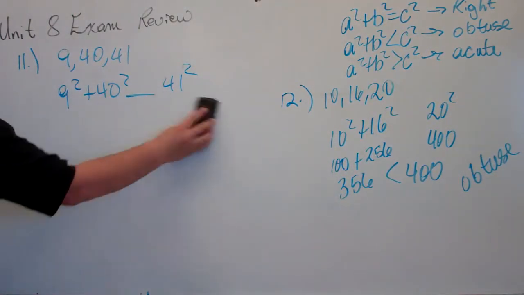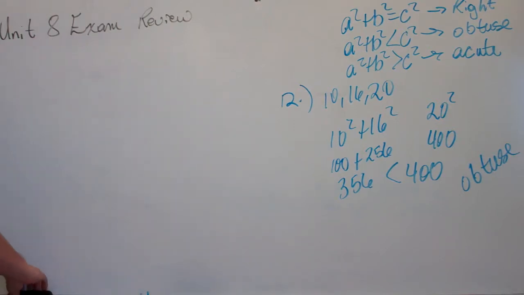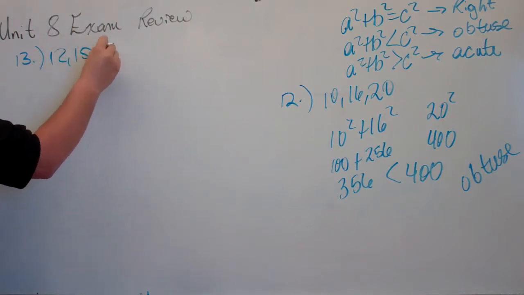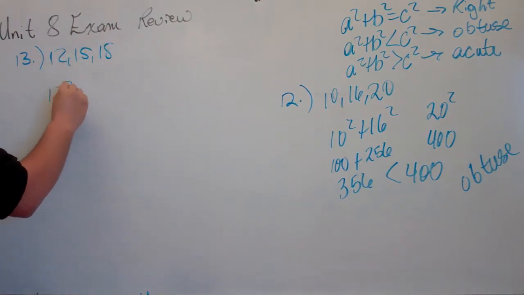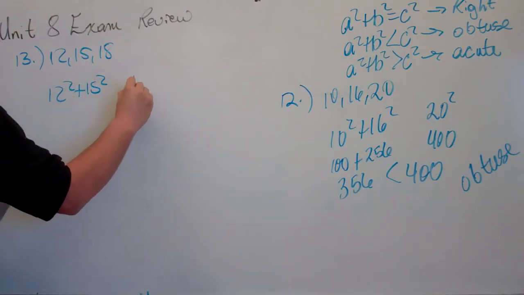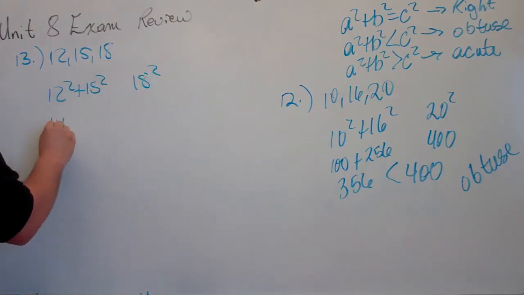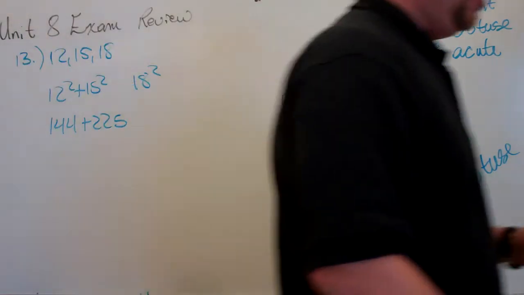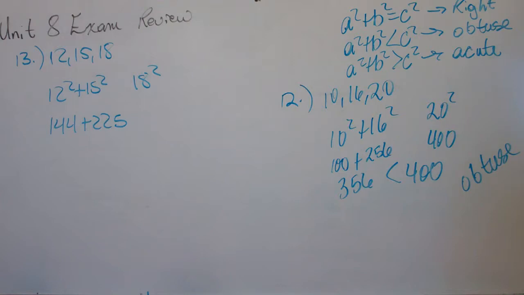And now if you look at number 13, we have 12, 15, 18. So 12 squared plus 15 squared, and 18 squared. 144 plus 225. I don't know what 18 squared is off the top of my head. 324.